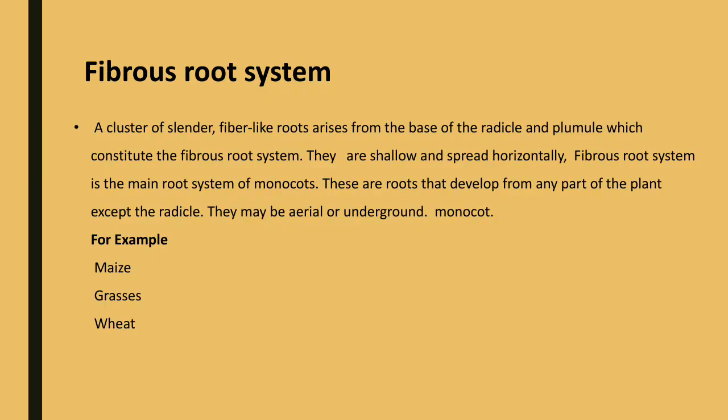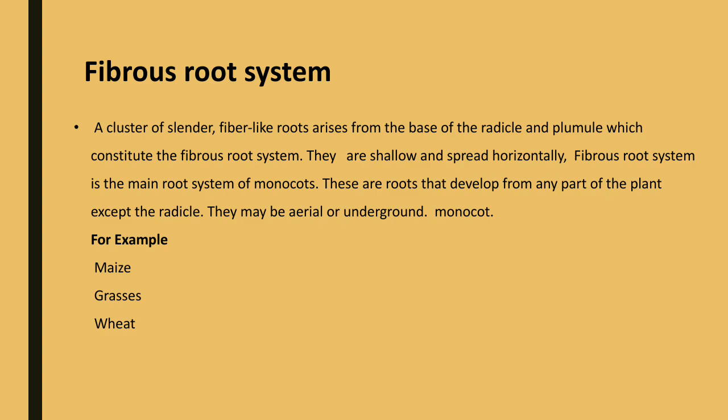Fibrous root system. A cluster of cylindrical fiber-like roots arises from the base of the radicle and plumule, which constitute the fibrous root system. They are shallow and spread horizontally. Fibrous root system is the main root system of monocots.